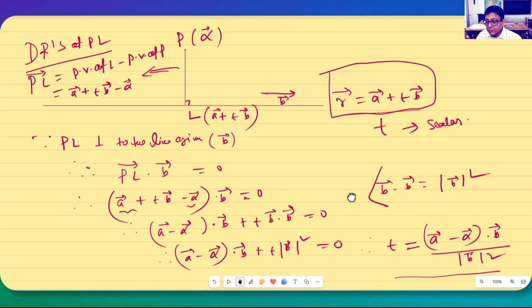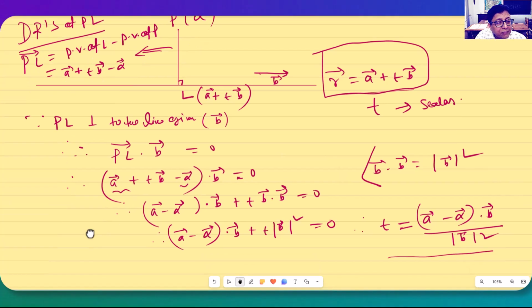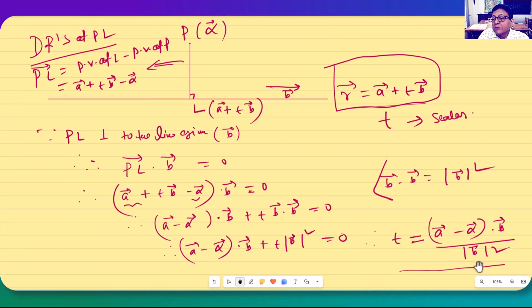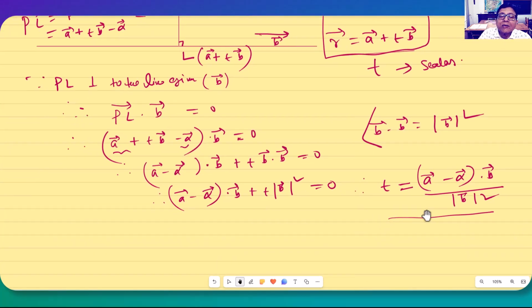Clear? Hope you have understood. So you got the value of T over there. T is A minus alpha dot B by mod B square. Sorry, there is a minus sign over there because you transfer it to the right side, no?